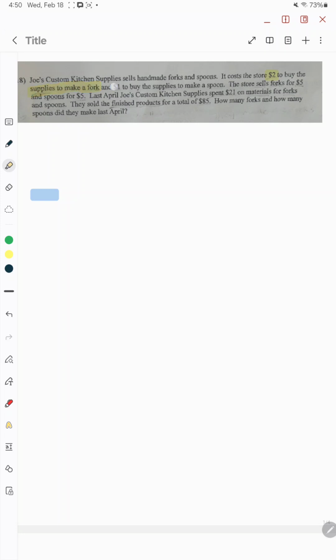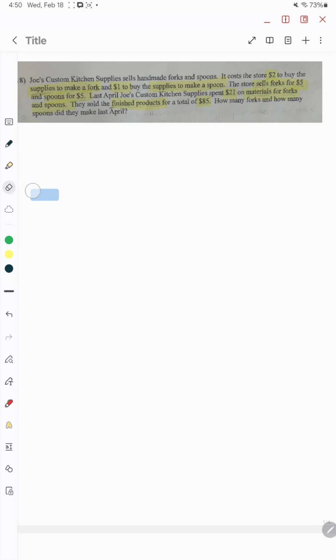Supplies to make a fork. $1 supplies to make a spoon. Sells forks for $5, spoons for $5. Spent $21 materials for forks and spoons. Finished products, $85. All right.